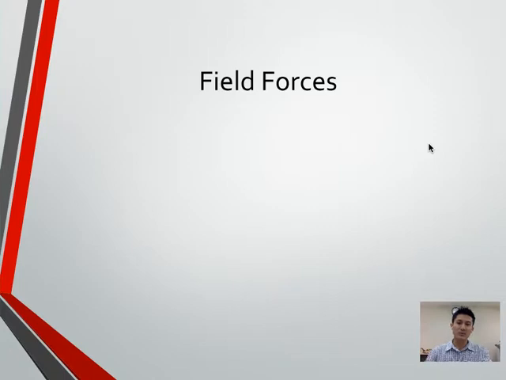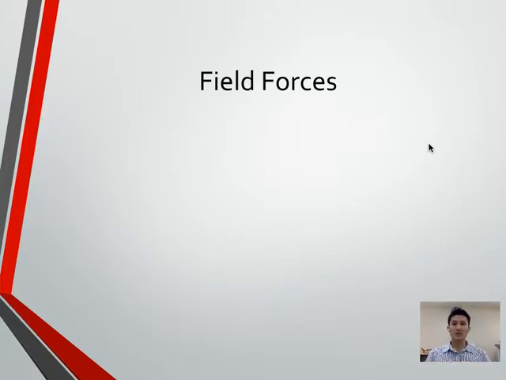So first of all, field forces. When we talk about electric field, we have to discuss field forces. Whenever there's a given area or space where a force is exerted, we have what we call a field force. For example, as you sit in that chair watching this video, gravity is pulling you downwards no matter where you are in this room.